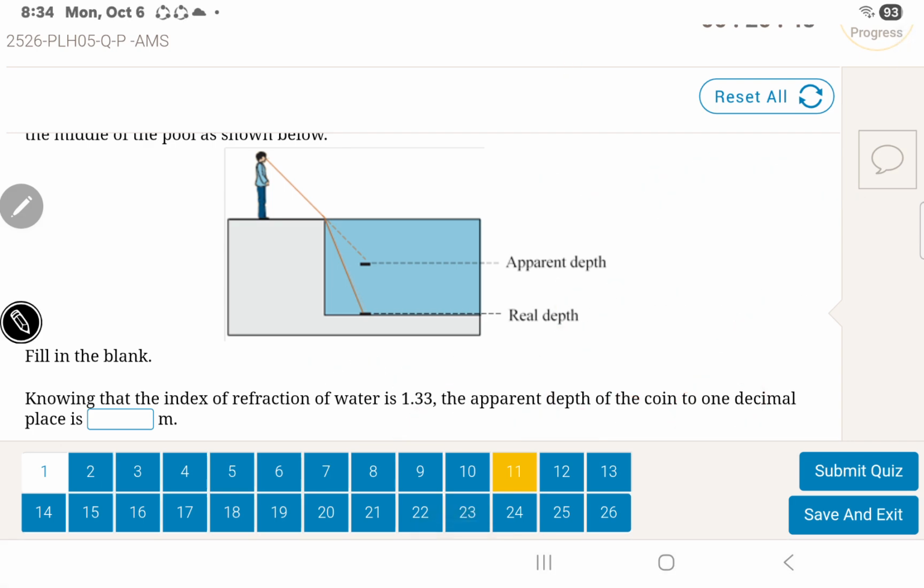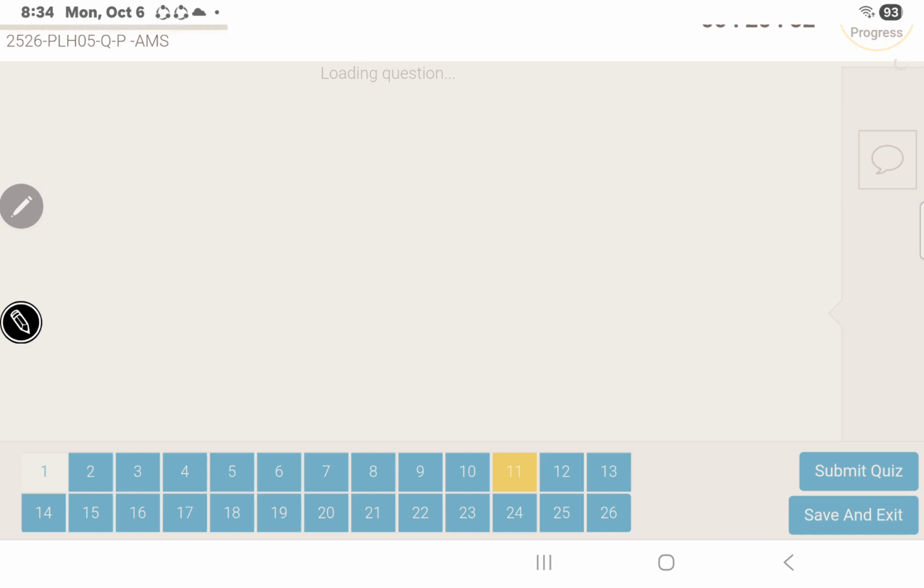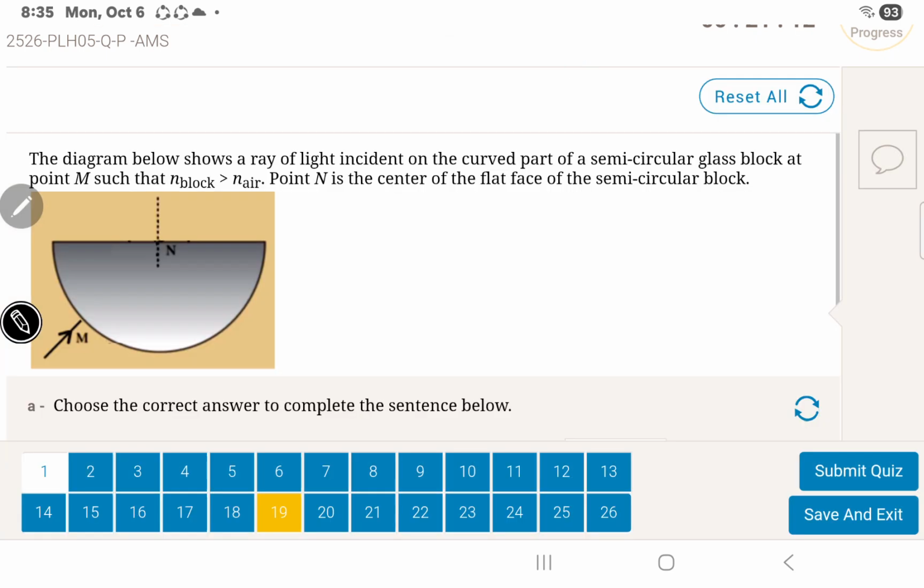Now let's do question number 19. Okay, the diagram below shows a ray of light incident on a curved part of a semicircular glass block at point M. Refractive index of block is greater than n.